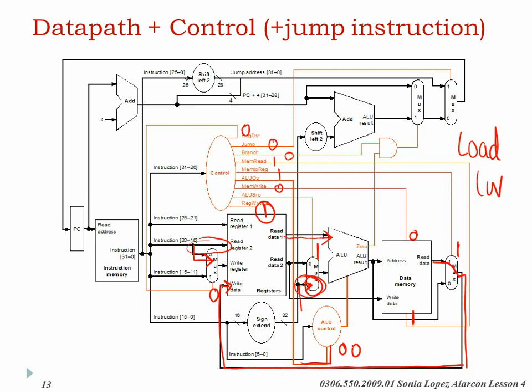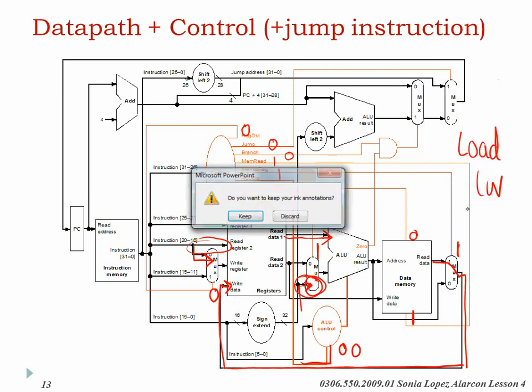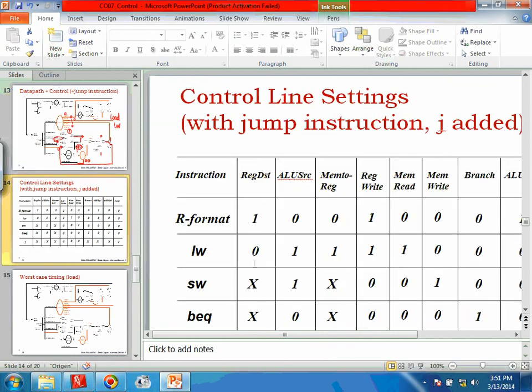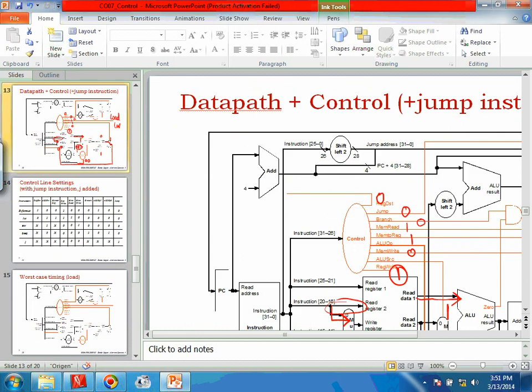Okay, so you can check, actually. We can go back to this slide and check it out. Register destination is a 0, ALU source, mem to register, these are all 1. So if you check that out, you'll see that we are right. It's 0 for jump, 0 for branch, 0 for register destination, as we just said.